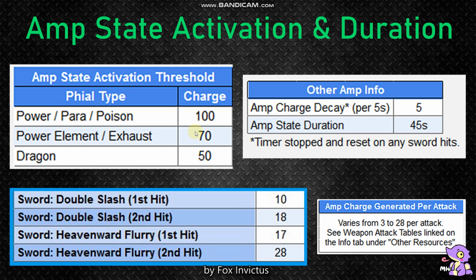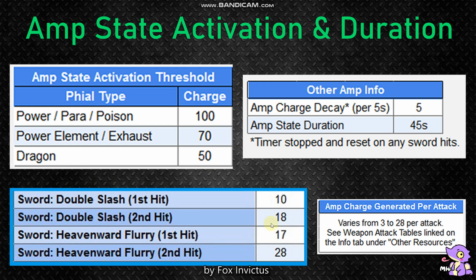If the monster is like a Kulu or you can easily attack it, the power phial is great. But if the monster is very annoying like Unastra and it's very hard to attack, I can only recommend power element phials because they have a charge value of 70, and 70 is a pretty cool value. Everything over 70 I can recommend to create a fast way into the M state.